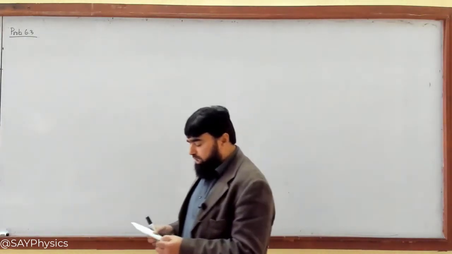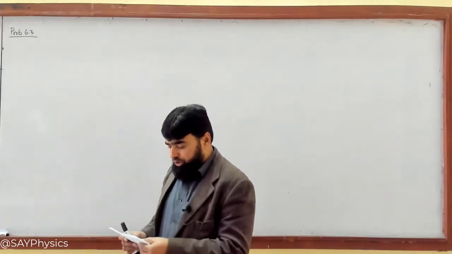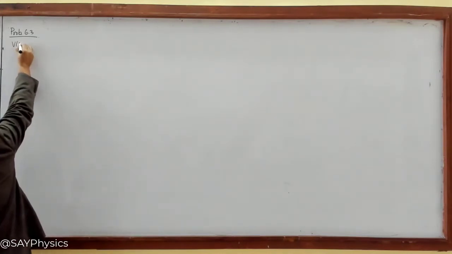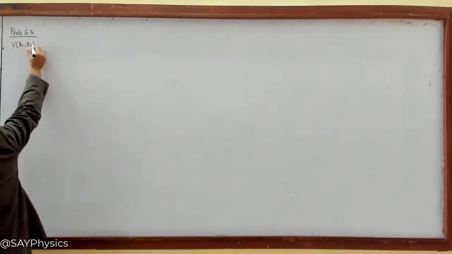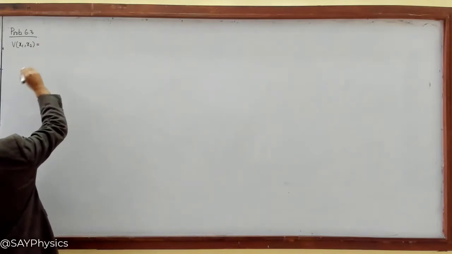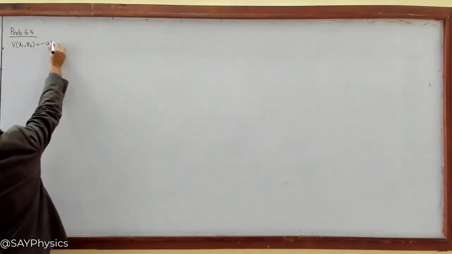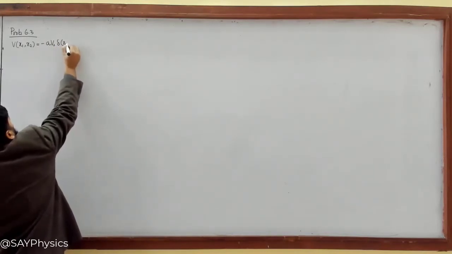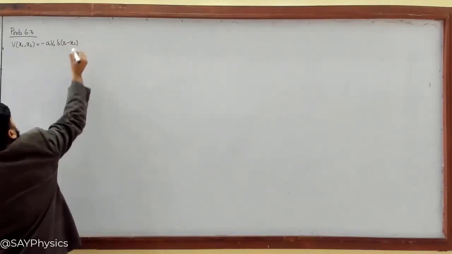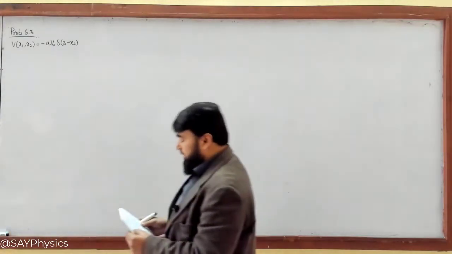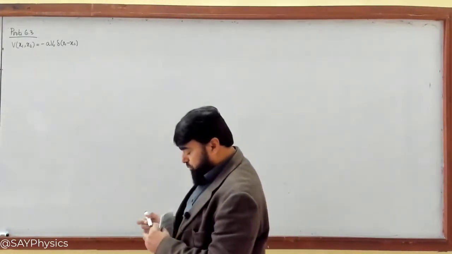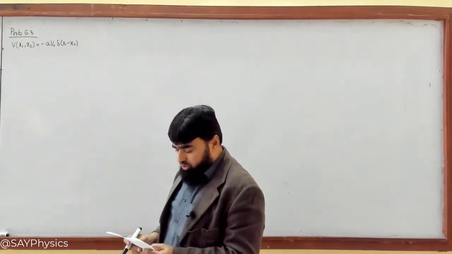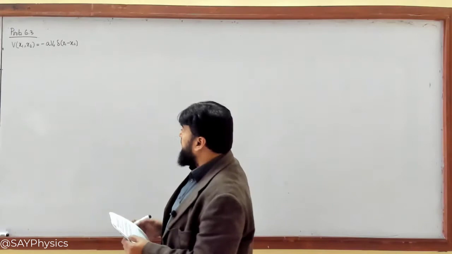They interact weakly with one another via the potential, and the potential is given by V of x1, x2 is equal to minus a V naught delta x1 minus x2. This is the potential with which they do interact. Now the question here, V naught is a constant with the dimensions of energy.